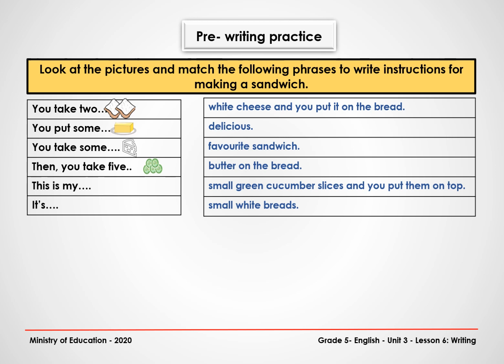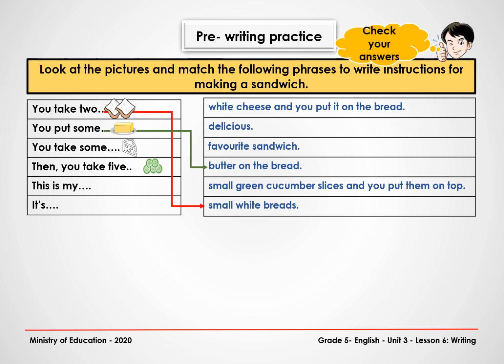This is another recipe. Look at the pictures and match the following phrases to write instructions for making a sandwich. So this is a sandwich recipe. You take 2 small white bread. You put some butter on the bread. You take some white cheese and you put it on the bread.